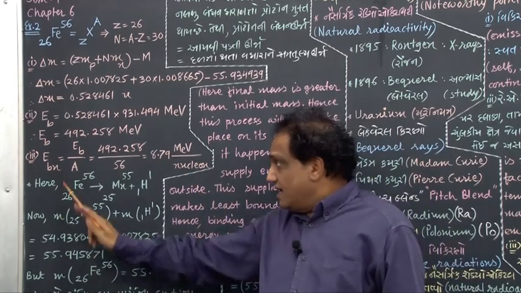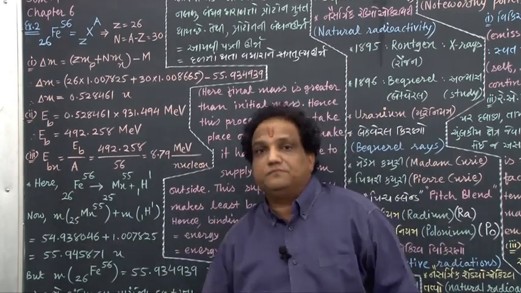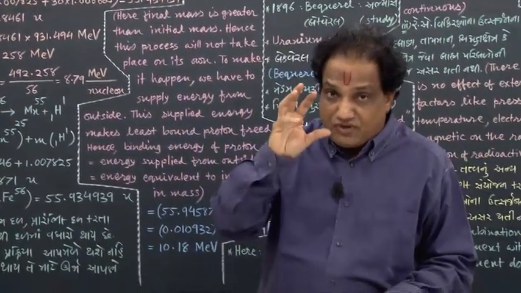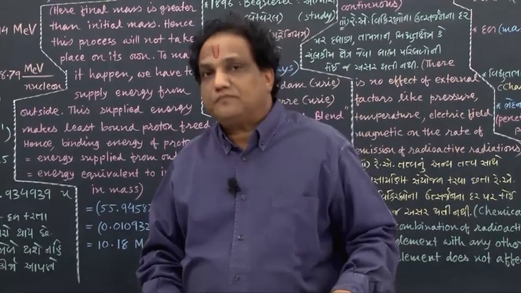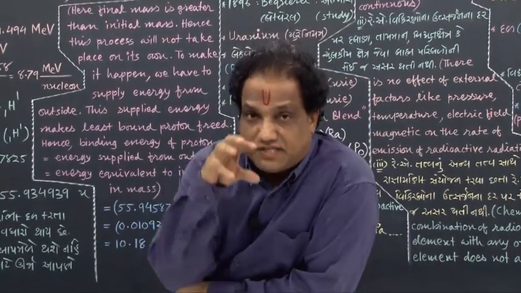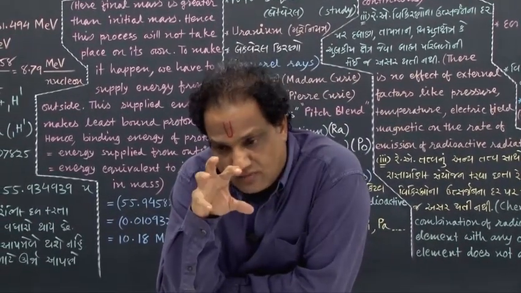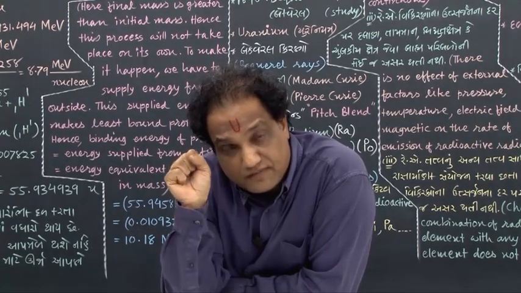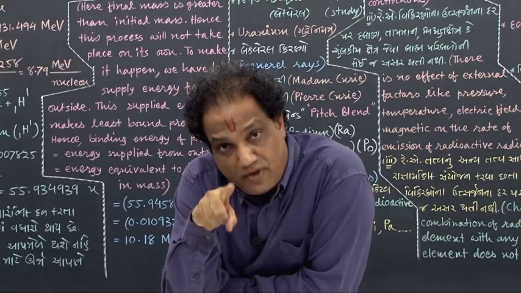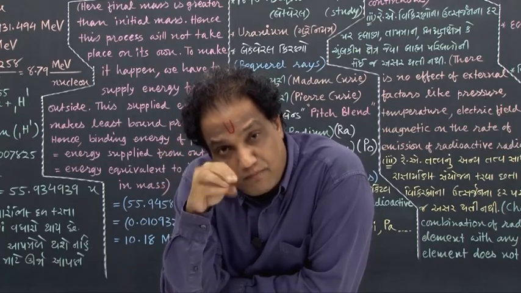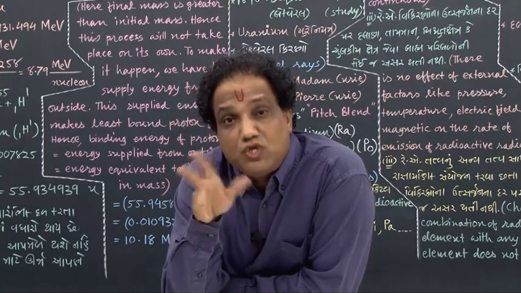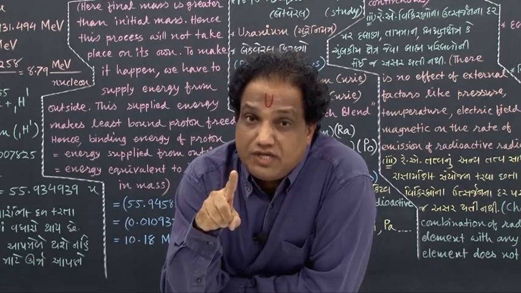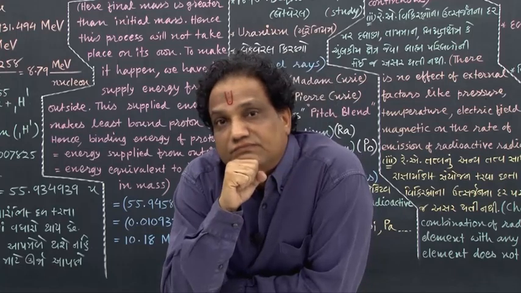What do you mean by binding energy per one nucleon? What is the meaning from the physics point of view? See, inside the nucleus, all the nucleons are bound together mutually, correct? If you want to make them completely free from the mutual binding, then you are supposed to give energy to each nucleon.